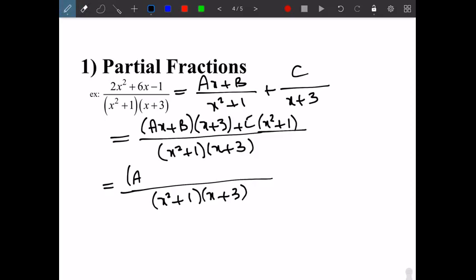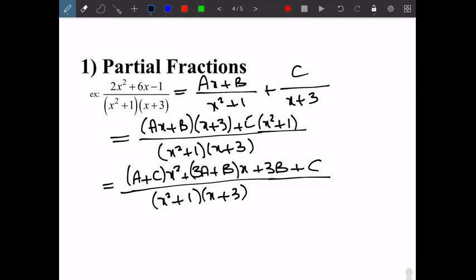So over here it's ax squared plus cx squared. Then for the term in x, we have 3ax and bx from the first term, which is 3a plus b. No x from the third term, so it's 3a plus b for x. And for the constants, we have 3b from the first term and c from the second term.